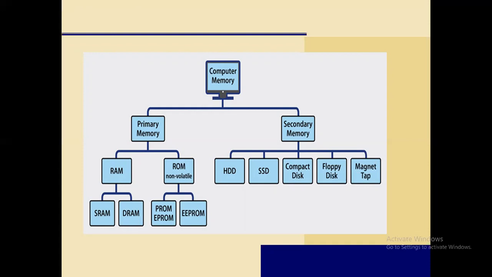The key difference between the primary and secondary memories is speed of access.